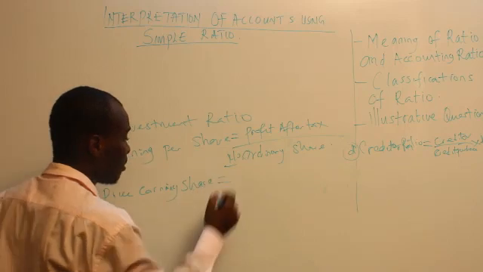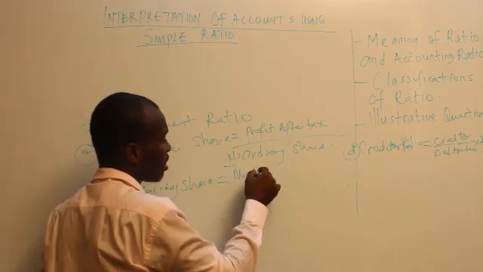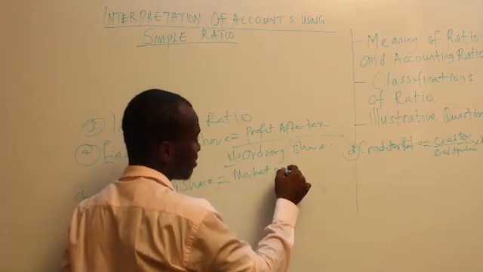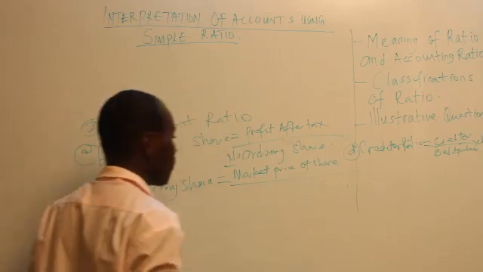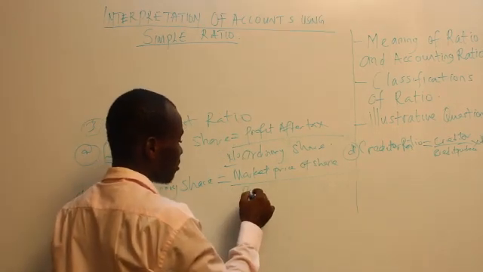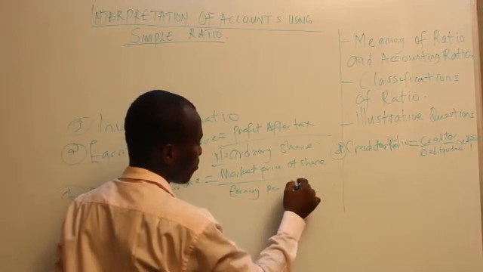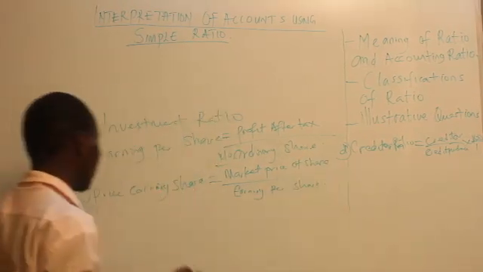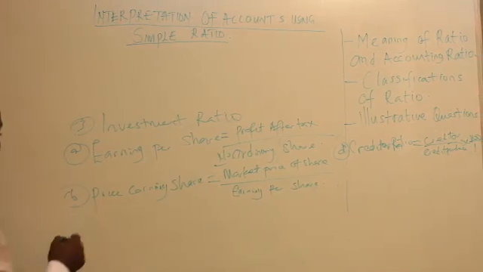In the price earning ratio, you have the market price of shares over the earning per share.